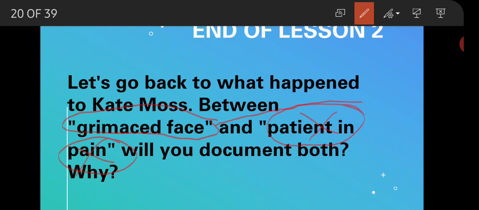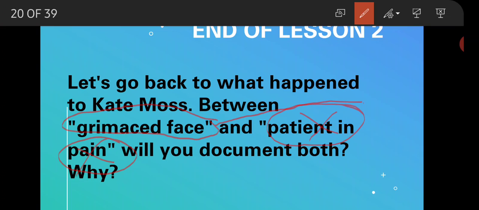Why? Because there was no mention of pain. Okay, if you go back to the question, the data were only as follows: facial grimace, 80 ml of urine, and dark amber urine. There was no mention of pain.